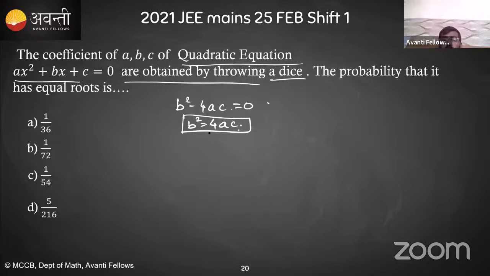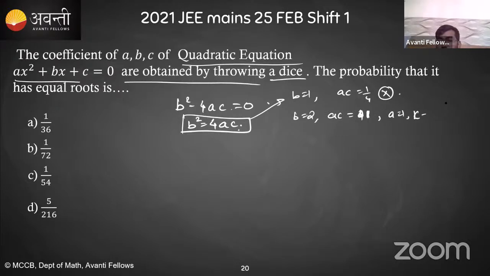So we'll have to do trial and error. When b is equal to 1, ac value is 1 by 4, which is not possible. When b value is 2, ac value is 1, which is possible when a is equal to 1 and c is also equal to 1.